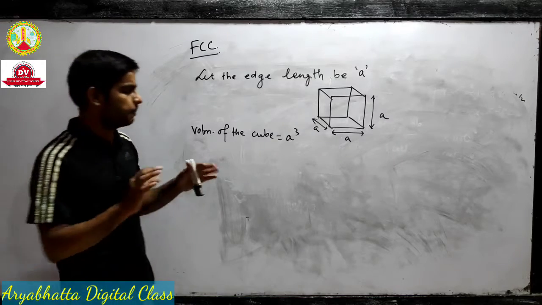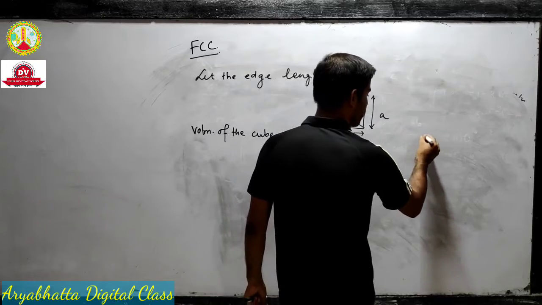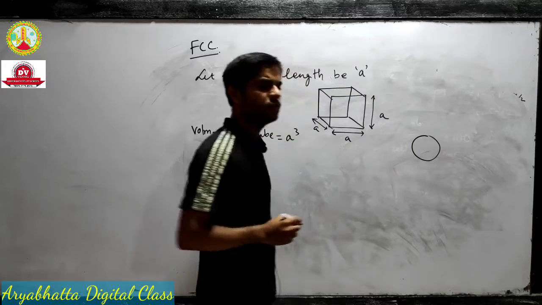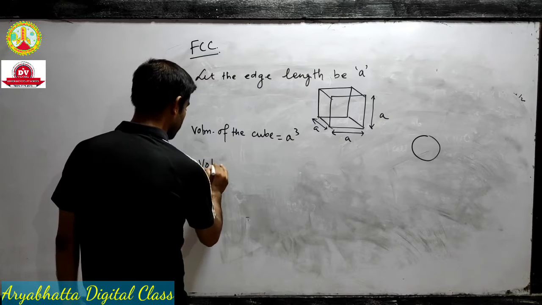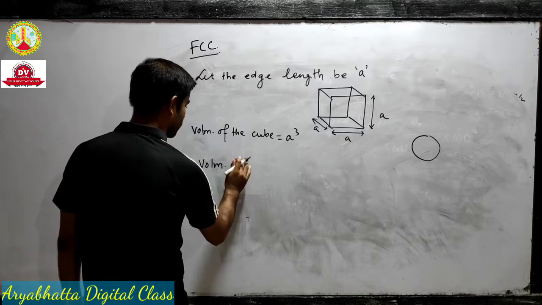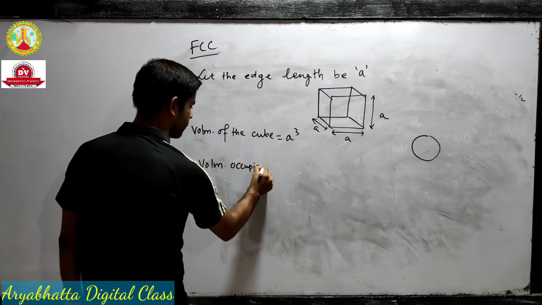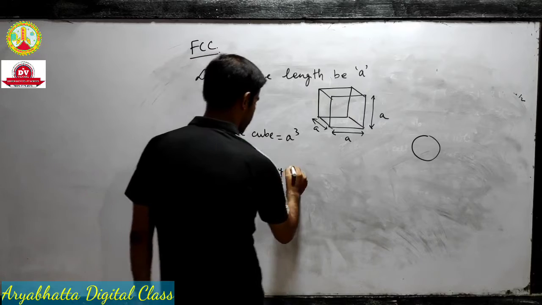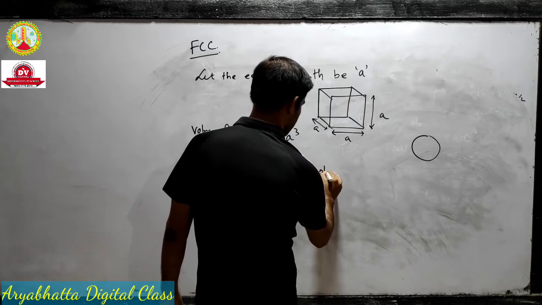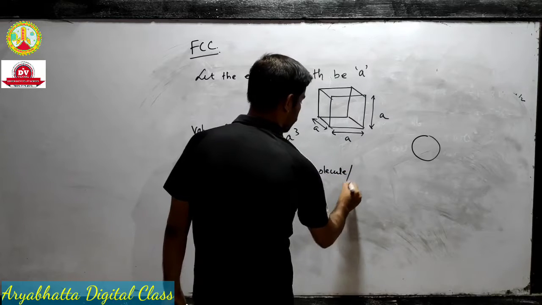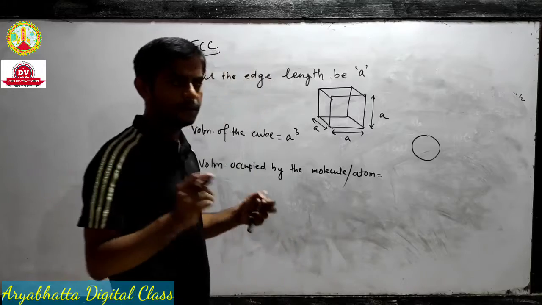Since our molecule or atom is a sphere, the volume occupied by the molecule or atom will be there.